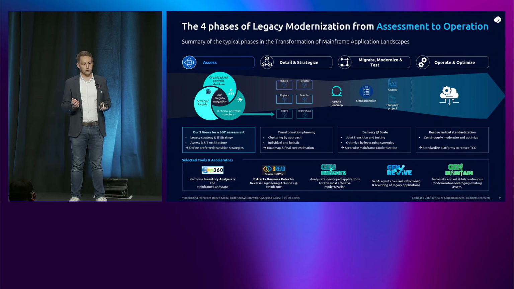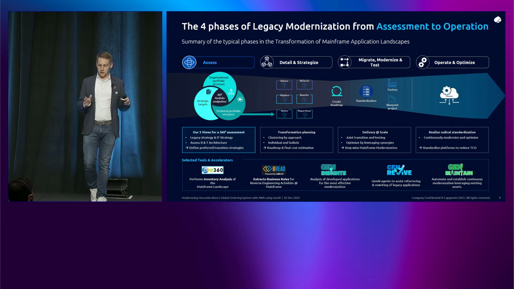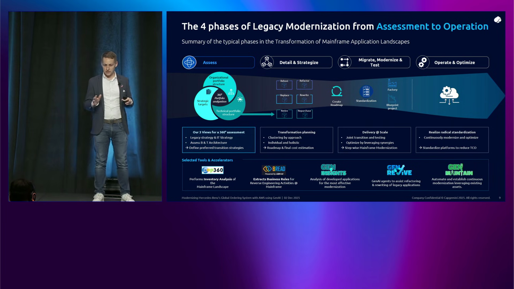For global ordering, we've chosen to go with a replatforming approach. We wanted to keep the application as untouched as possible, and also be sure that we have a good way to deal with the interfaces.